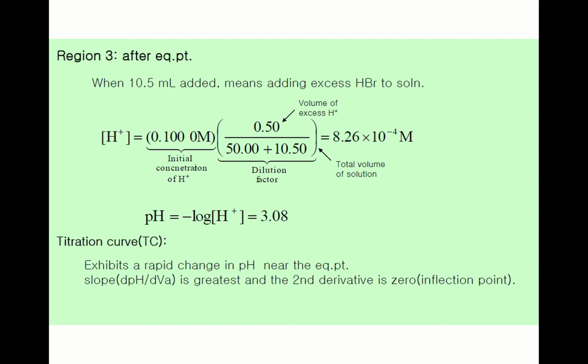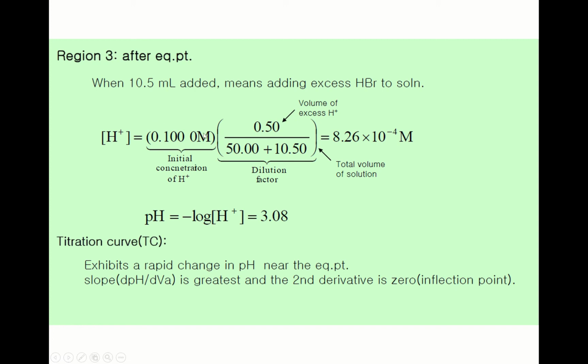Then what's the excess moles of protons? 0.5 times what? What was the original HBr concentration, which is 0.1.